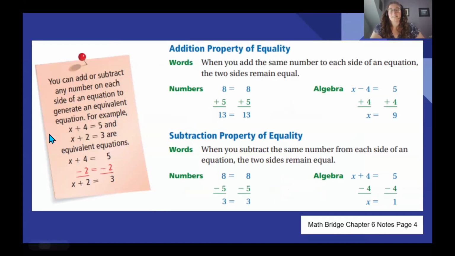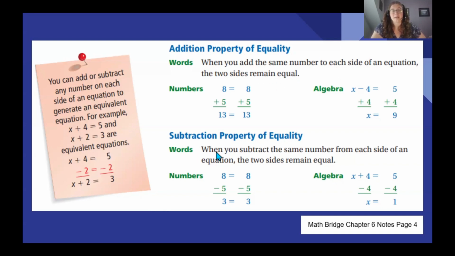Okay, what we've just done there is called the addition property of equality and the subtraction property of equality, right? The addition property of equality tells us that when you add the same number to each side of an equation, the two sides remain equal.